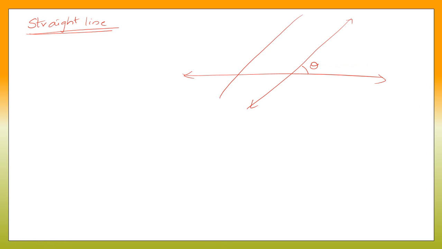Or some other person will draw the line like this, because you are given only the inclination. So with inclination alone, we can draw infinite lines, because you are not defining it in a unique way. Understood? So with a single entity, you cannot draw or represent a straight line uniquely.